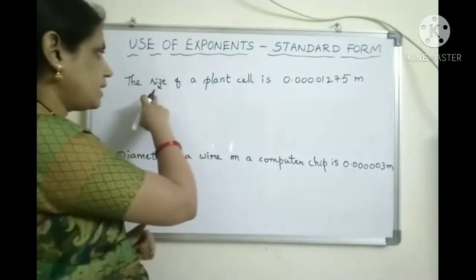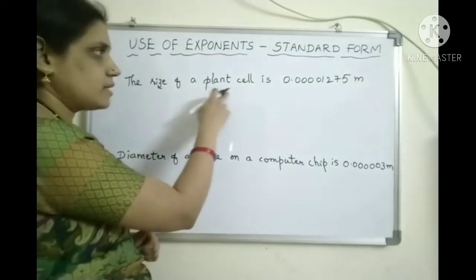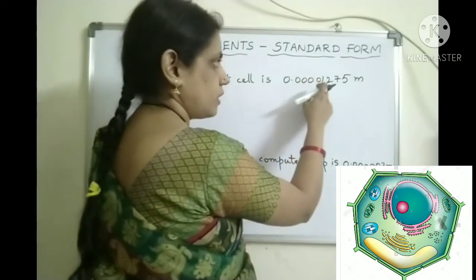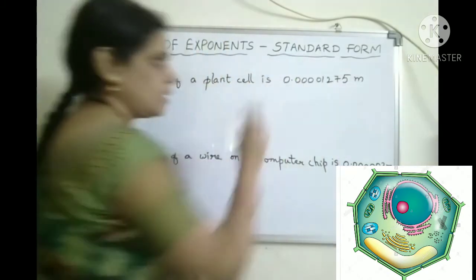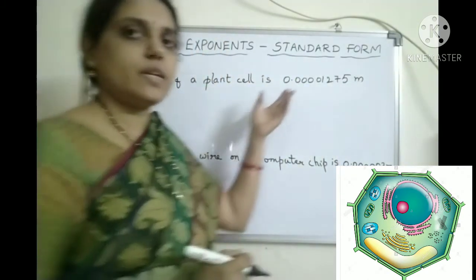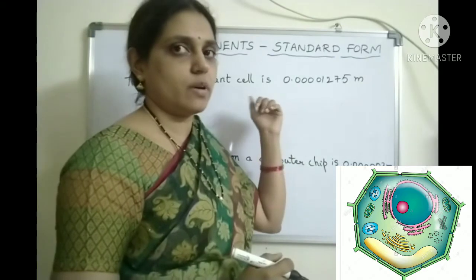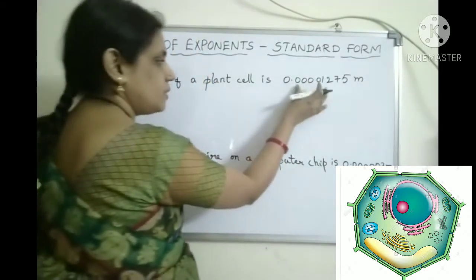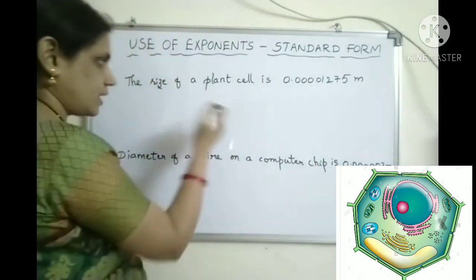The example I have taken is the size of a plant cell, which is 0.0000127 meters. Here we will see how to express this very small number in standard form. The same number can be written as a fraction.